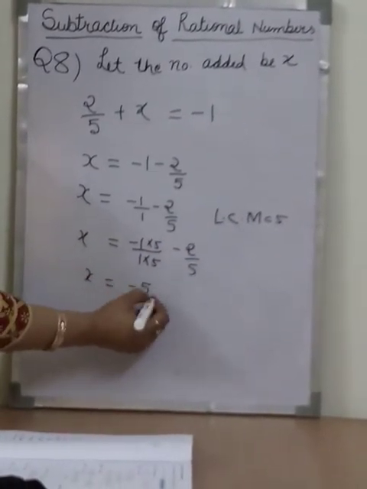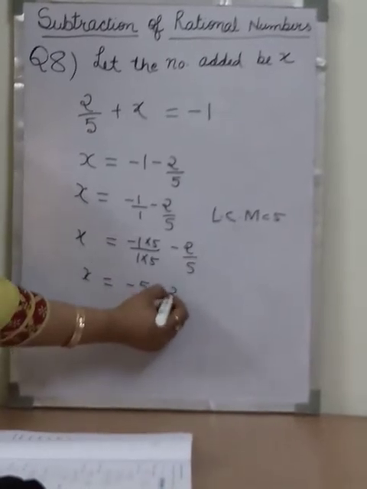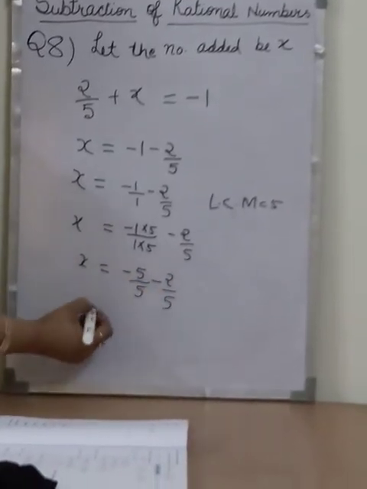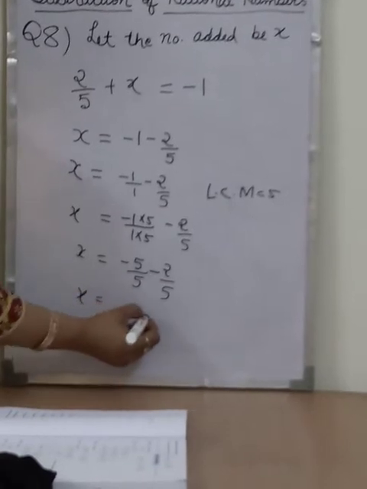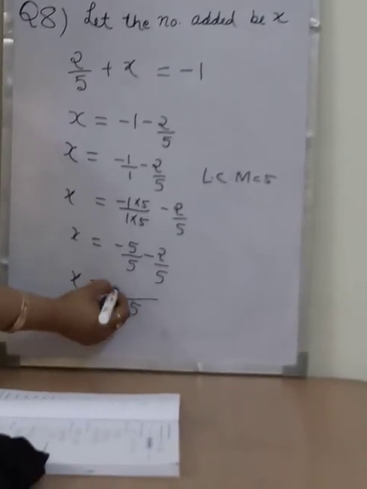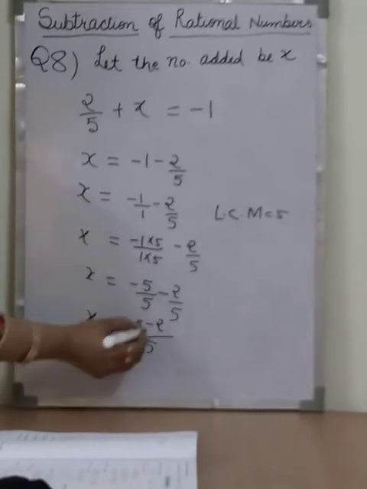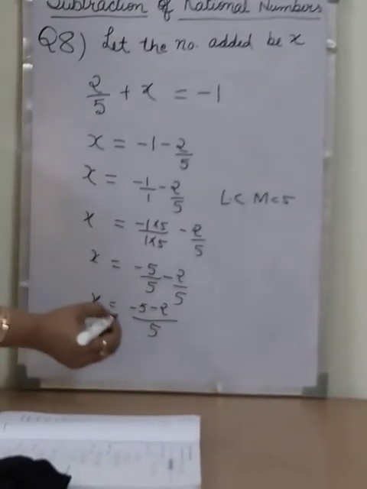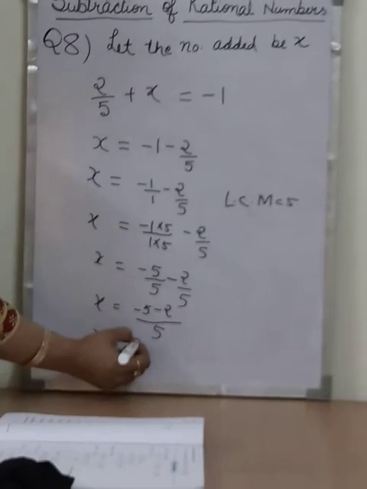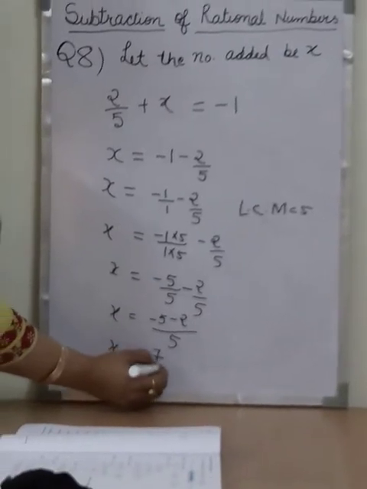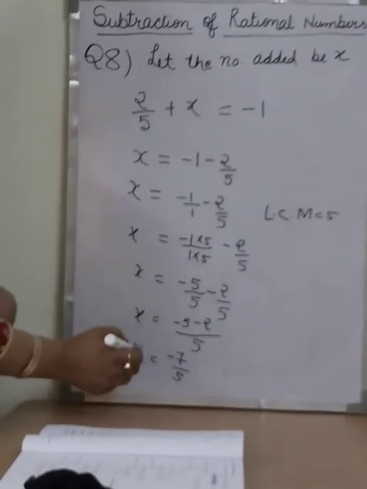Minus 5 upon 5 minus 2 by 5. Minus 5 and minus 2. So x, now both are having the same sign, so it will be added. 5 and 2 is 7. That becomes minus 7 by 5.